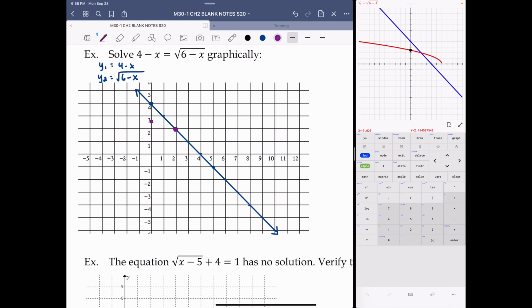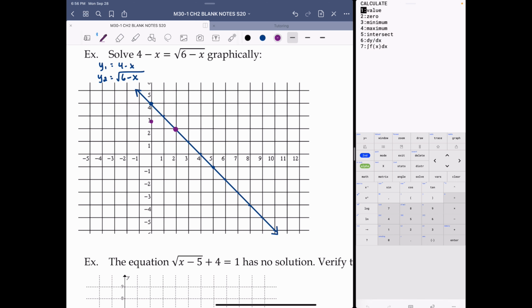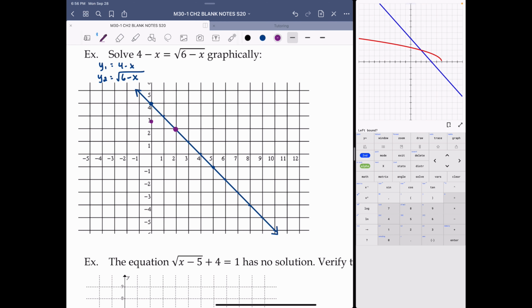And maybe I can find the x-intercepts. Number 2, left bound, enter, right bound, see if it goes right. Nope, it doesn't. So it looks like it's around x equals 6, 5.975, so approximately there. Might not actually hit the x-axis, but somewhere in there.